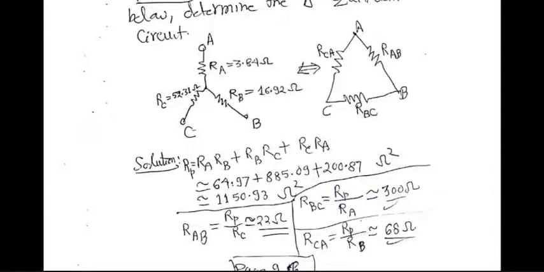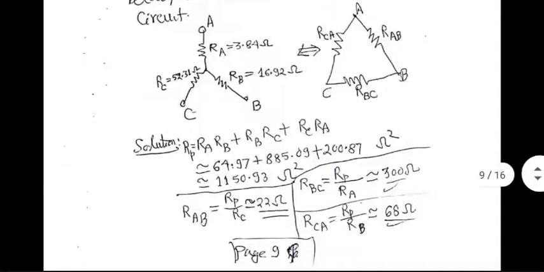RP is a notation that normally is used to denote this combination, this factor, RARB plus RBRC plus RCRA. That is common in all the three formulas, right? If you want to convert star load into delta load.